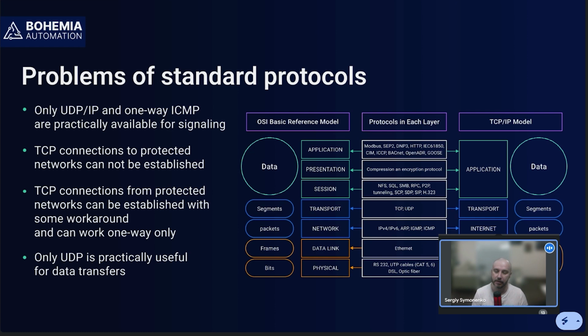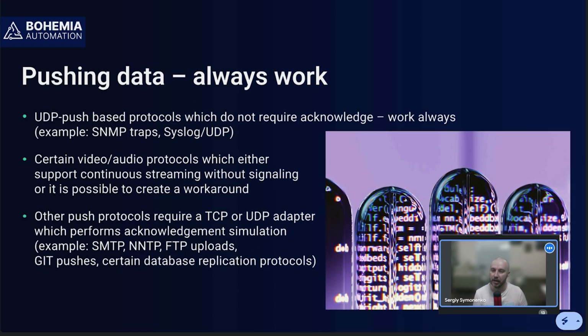That's the major problem, because half of the protocols are TCP based. A TCP connection from the protected network can be established with a workaround, by cheating the transmitter that the connection is established and creating a TCP to UDP proxy. And the only protocol practically useful for data transmission is UDP.